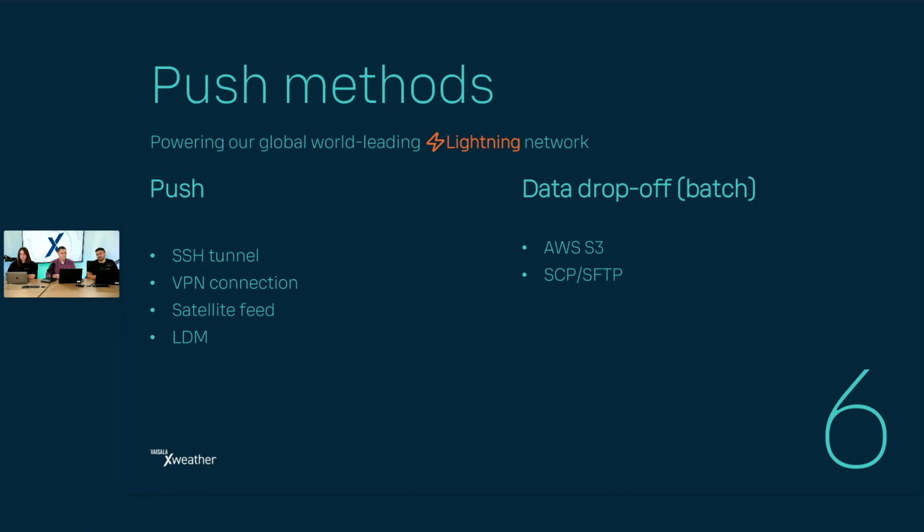We do have some customers using that with our Lightning network. Otherwise, SCP and SFTP will provide that kind of data on our server, and you can connect via one of those methods and pull that down. There are lots of different solutions for different use cases. But if one piques your interest or you have an idea for something, reach out.